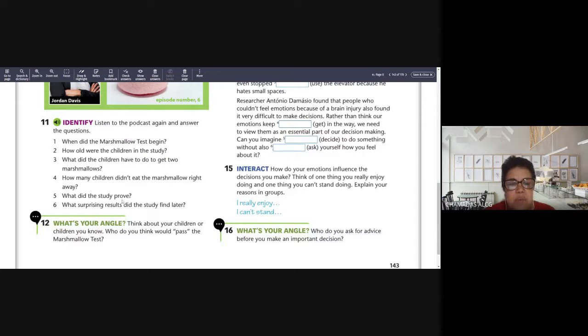What did the study prove? That the head can control the heart. What surprising results did the study find later? That people who can control the heart do better and are more successful in life, right?